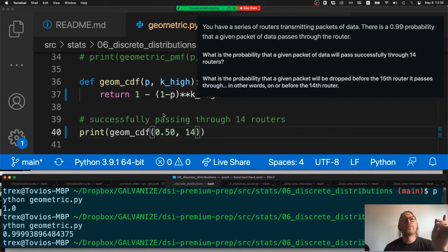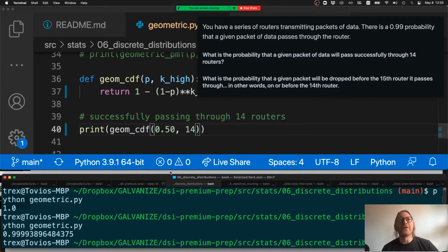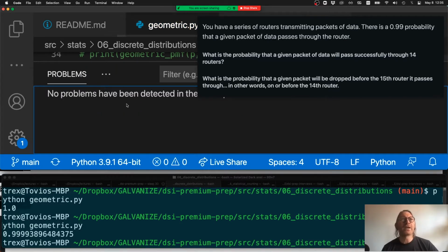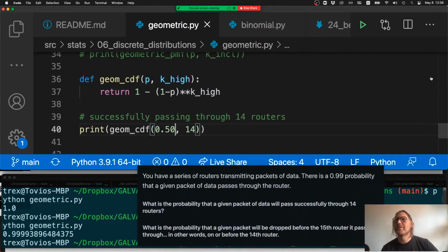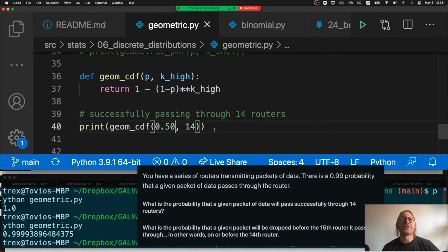Sorry, I think this is the thing about the geometric problems. They often confuse me a little bit. And I think I am a little confused on this problem. Sorry about that. Okay, so let's break this down. Successfully passing through 14 routers. Probably being dropped. Let's see.